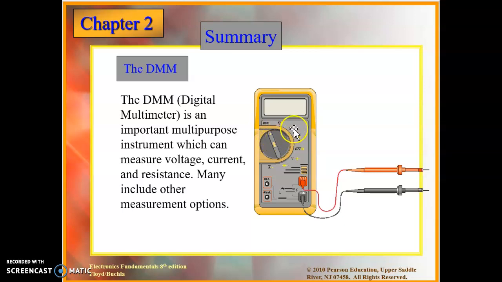If you're going to measure current, then we will have to unplug the lead from here and then connect either to the milliampere current range, or you will connect to the ampere current range, whichever it is that you're going to be handling. So in our case, we'll probably connect most likely to the milliamps, because that's the value of the current that we are going to be measuring.